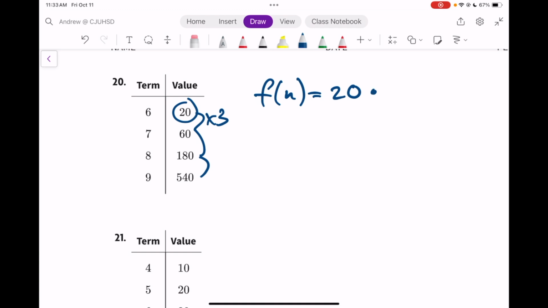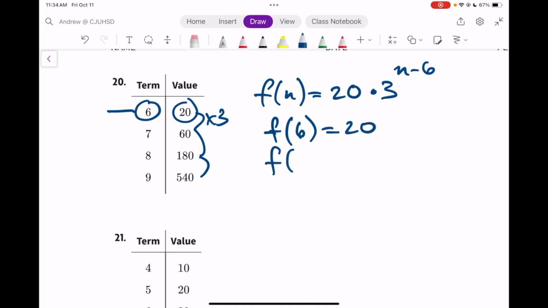We're going to multiply by 3, but to compensate for the fact that we're starting at 6, we're going to subtract 6. Recursively, we would say now f of 6 is 20, and f of n equals the previous times 3. So a few little changes there when we start at 6.